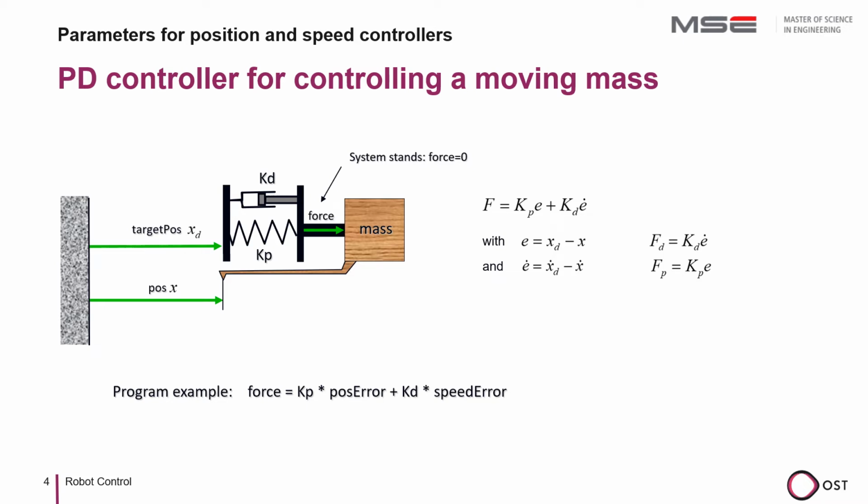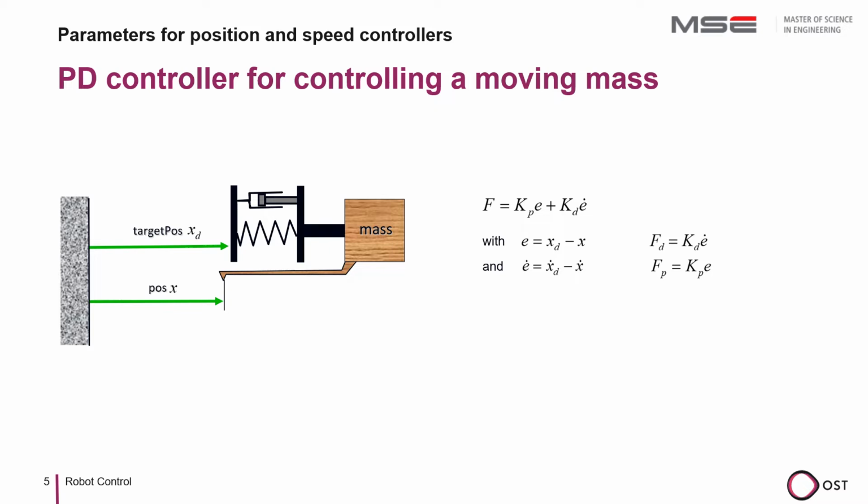The velocity error E dot and thus the damping force is also zero. The system is force-free. If the system is preloaded, the target position is displaced and the spring is under tension. The control error E is then target position xd minus actual position x and the velocity error is zero. The force F would then be a short moment Kp times E.